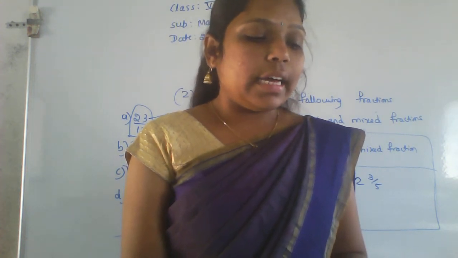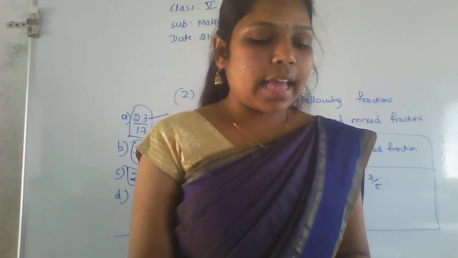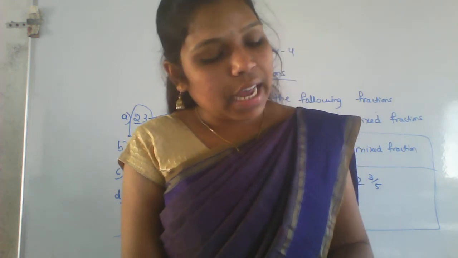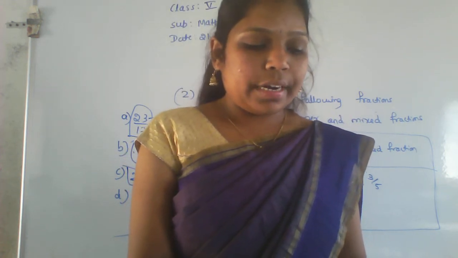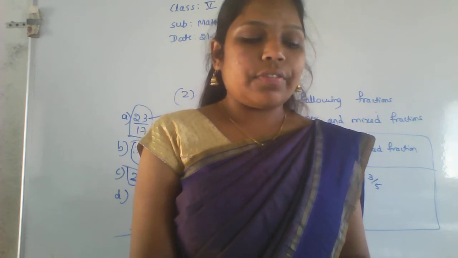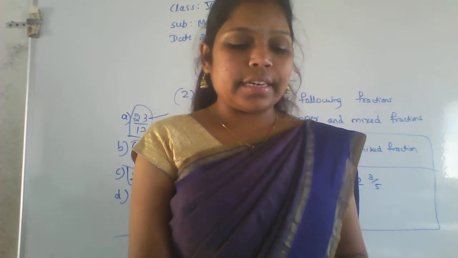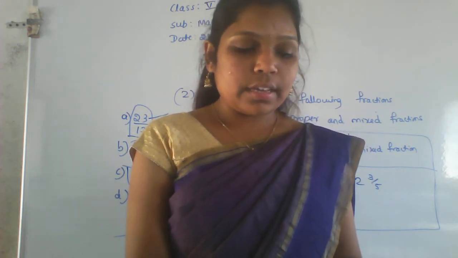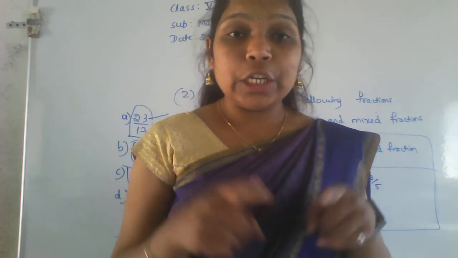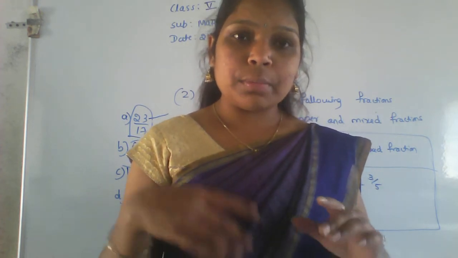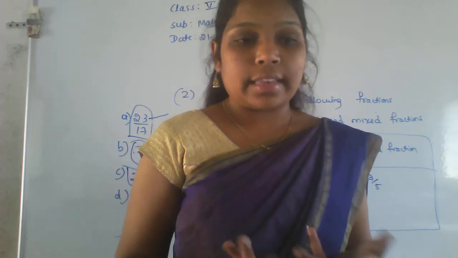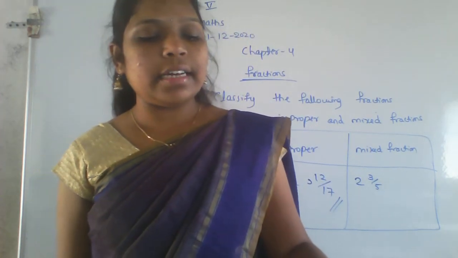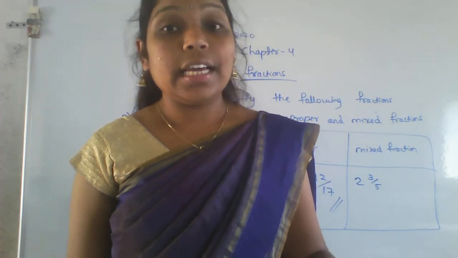And the next point: in like fractions, the fraction that has the larger numerator is greater than the fraction that has the smaller numerator. In like fractions, only the numerator values differ, so one must be greater and one must be smaller. Next point: a fraction whose numerator is greater than its denominator is called an improper fraction.